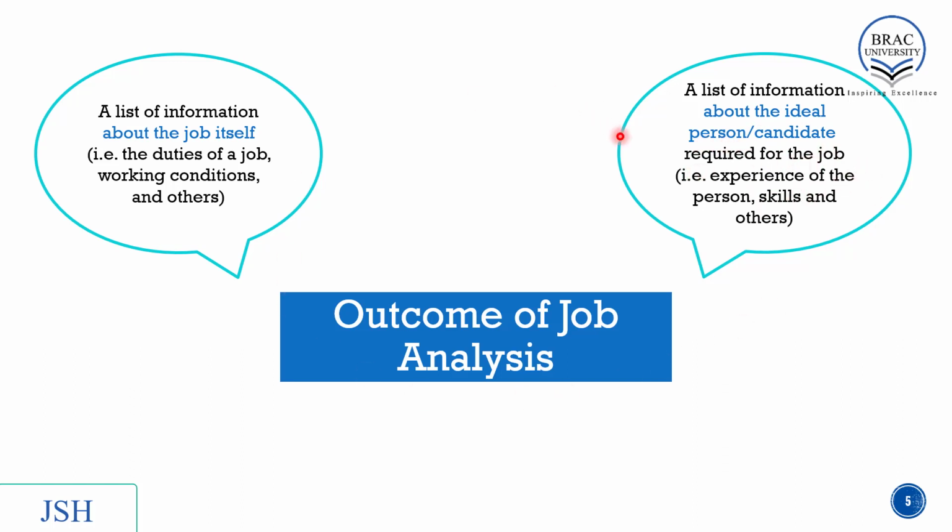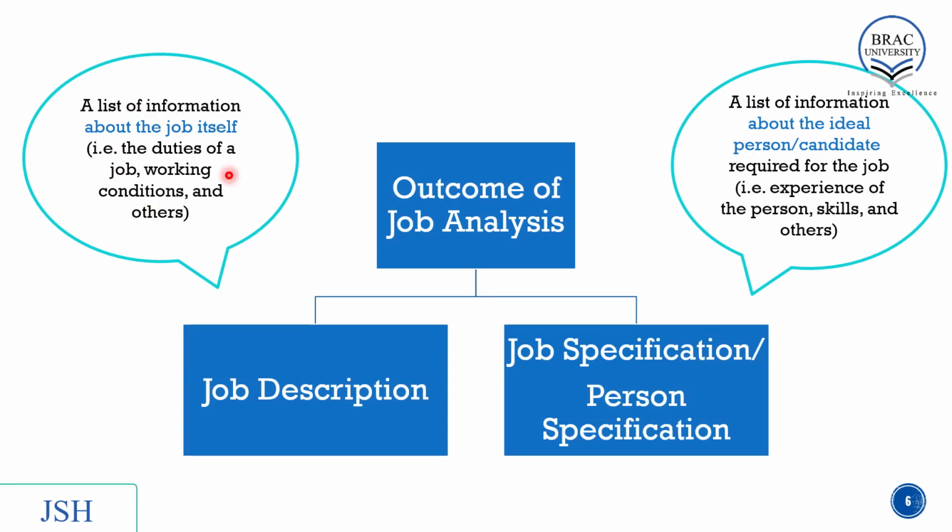Now, please pay attention. This is very important. In HR, these two kinds of information or two categories of information have two specific names. Now, on the left hand side, the list of information about the job itself is called job description. And on the right hand side, this list of information about the ideal person or candidate is called job specification or person specification.